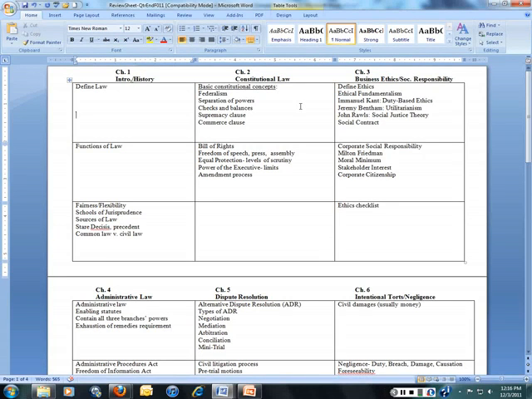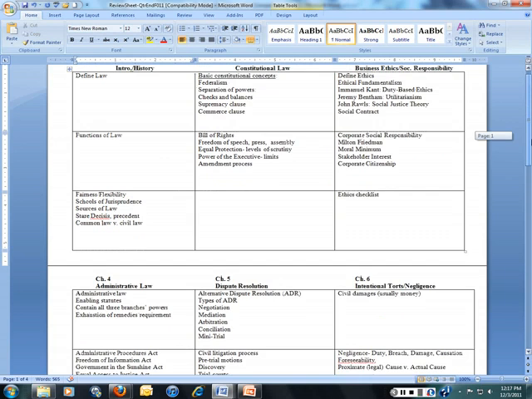And ethics and social responsibility, you should be able to tell the difference between the broad theories that are presented there: Immanuel Kant, Jeremy Bentham, John Rawls. You should be able to draw something up from those.